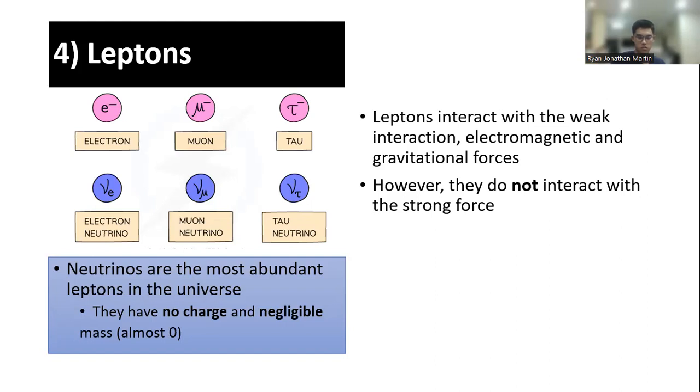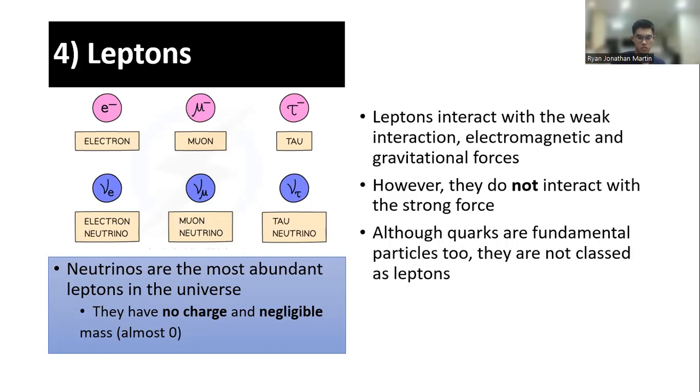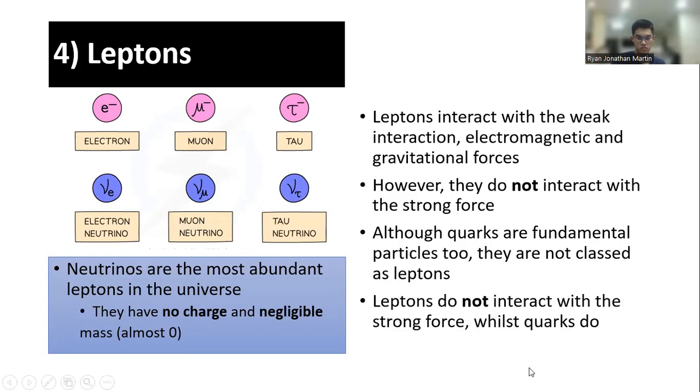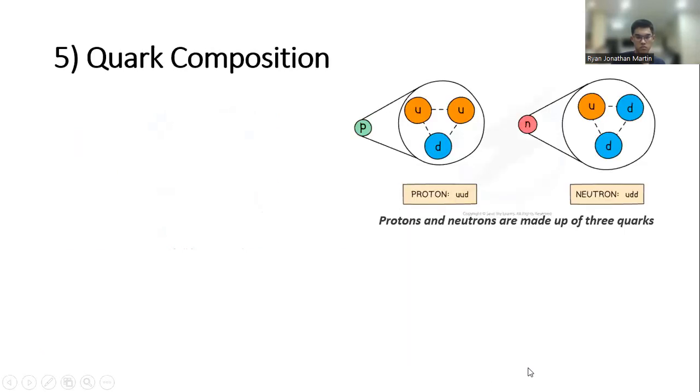Strong force will be your nuclear force. Although quarks are fundamental particles too, they are not classed as leptons. Quarks have slightly bigger mass, so they are separate fundamental particles. Leptons do not interact with the strong force, while quarks do.